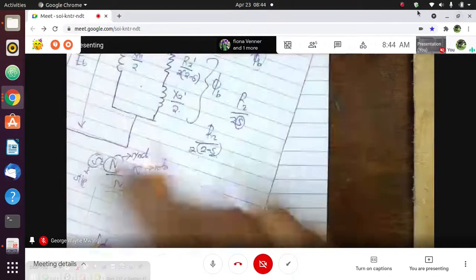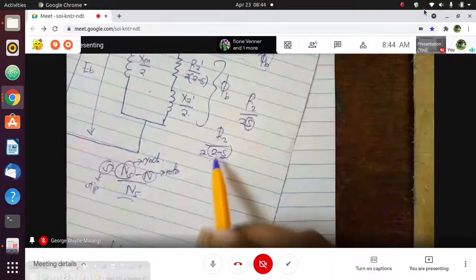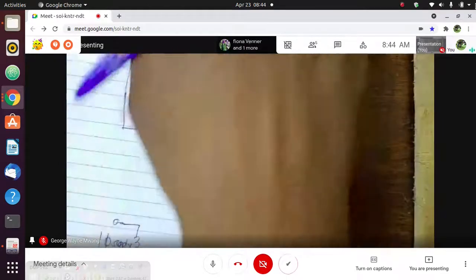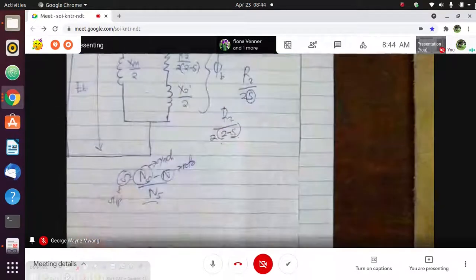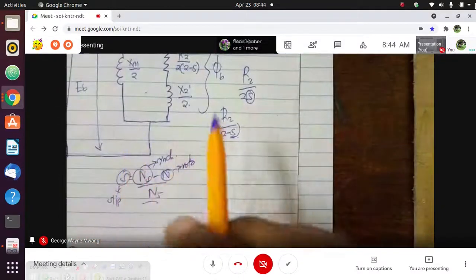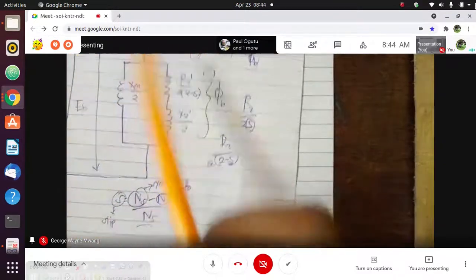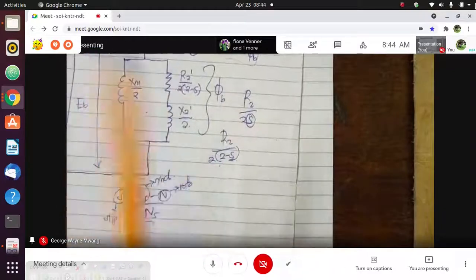In our last class we had seen how we get slip in the forward and the backward direction. Now, when we use this slip in this circuit, we can come up with the parameters. We can find the current, and we can find the voltage of this motor.